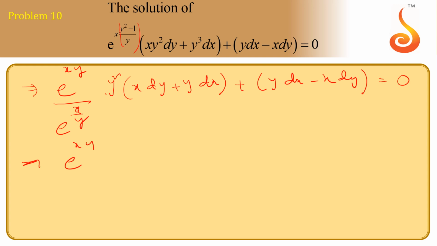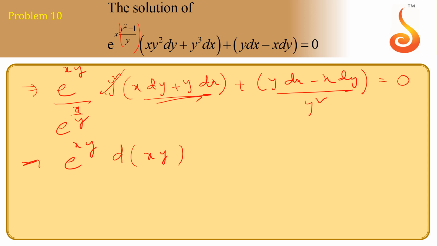So I can write e power xy, and if I divide with this y square, I am cancelling y square, I am writing y square here. Then by exact differential equation I can write this is d of xy, so x dy plus y dx, this part is d of xy.